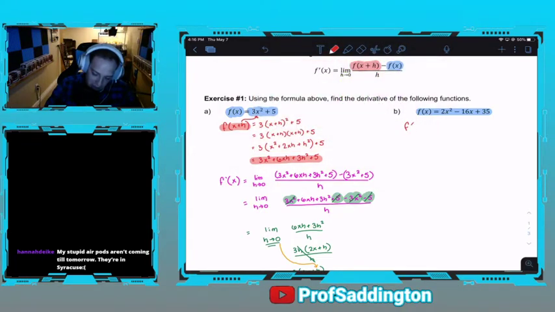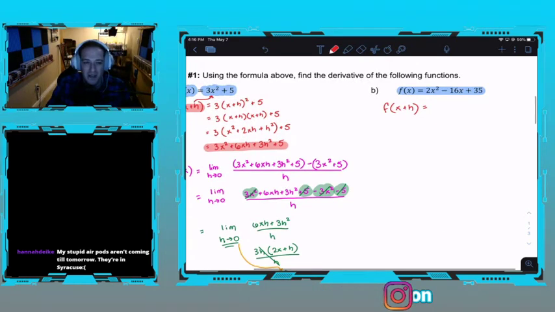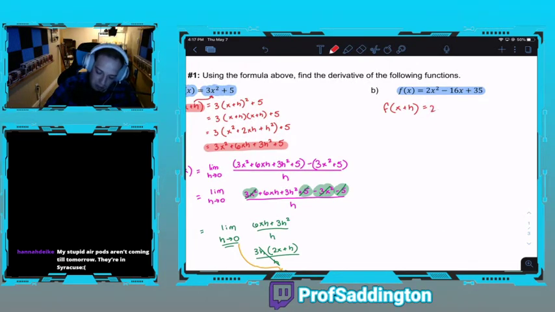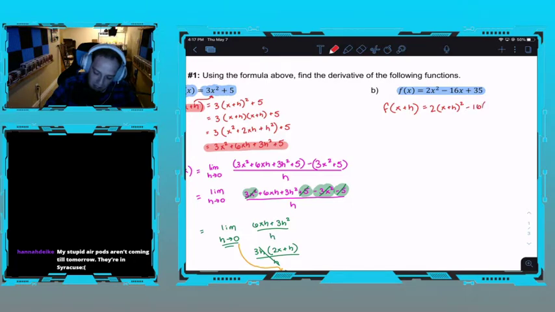And this one gets a little bit ugly because it's a trinomial. So we have to do a little bit more multiplying this time. So I'm going to have 2 of x plus h squared minus 16 times x plus h plus 35.